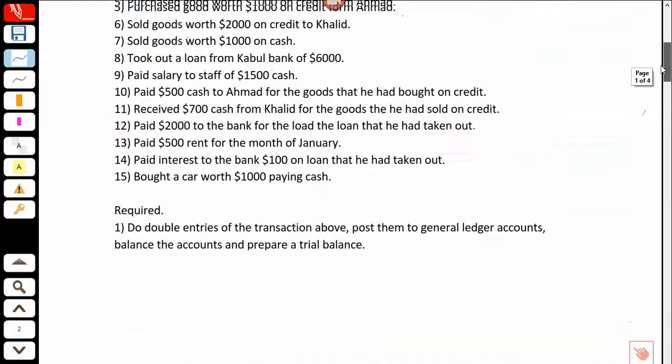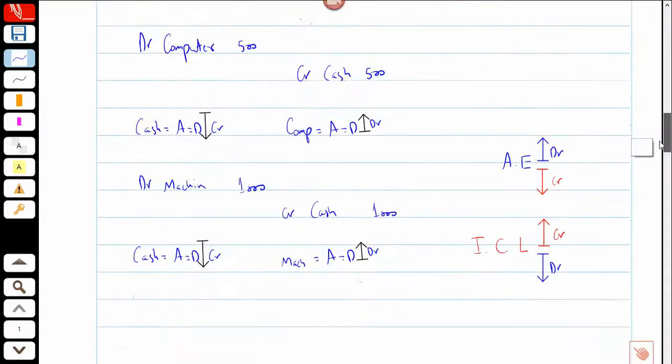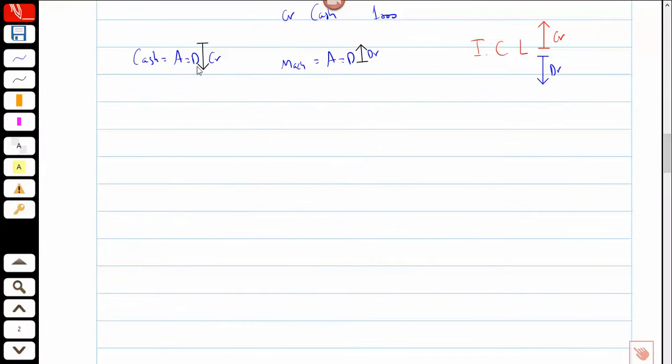So we bought goods, and what did we pay? We paid cash. So let's do the cash part first. I can copy this exact same thing and credit cash. So we have purchases here, the second one.